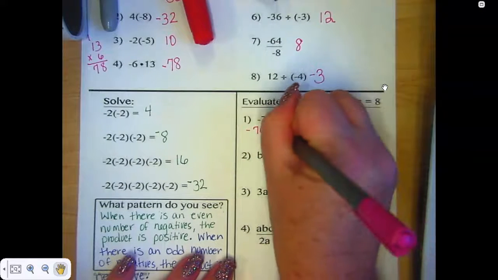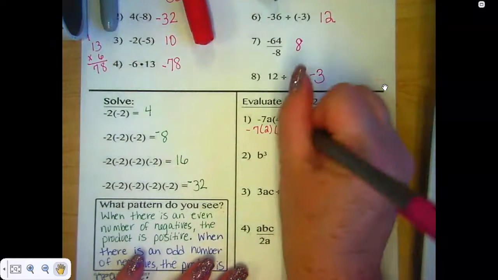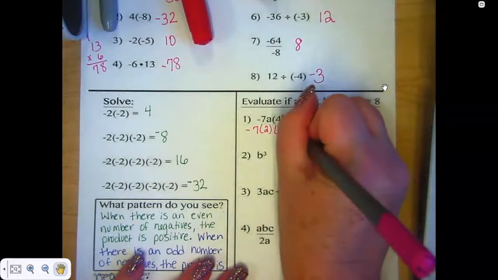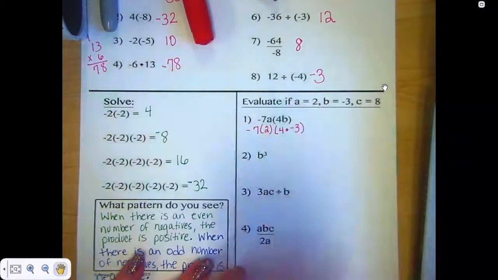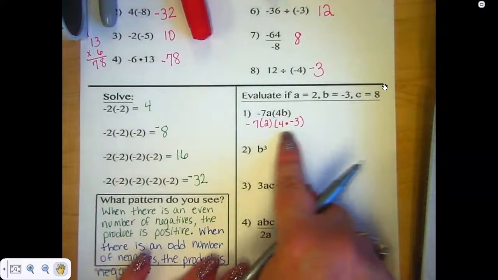times 4 times B. We're going to use this little dot sign because this is inside the parentheses. And B is -3. Solve the parentheses first.